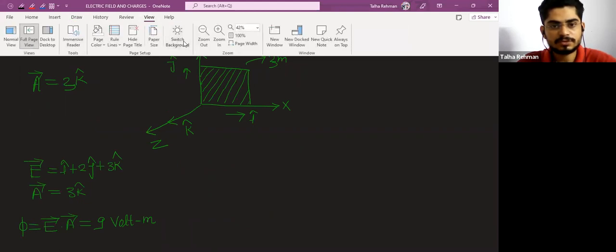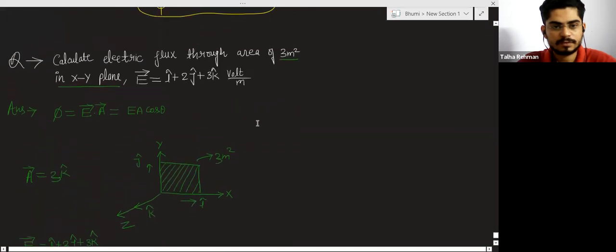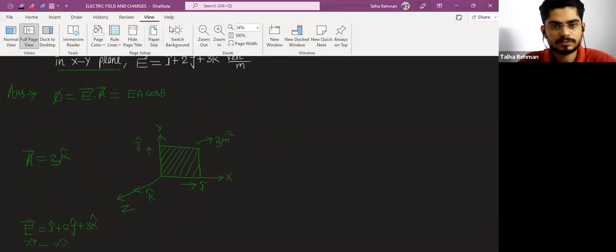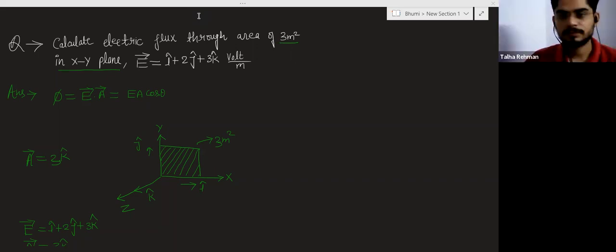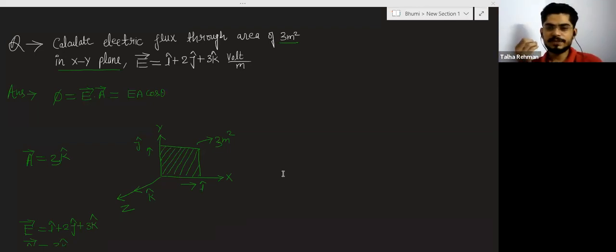The concept here is to find the area. Otherwise, all the things are known, but we have to find how the area vector will be calculated here.